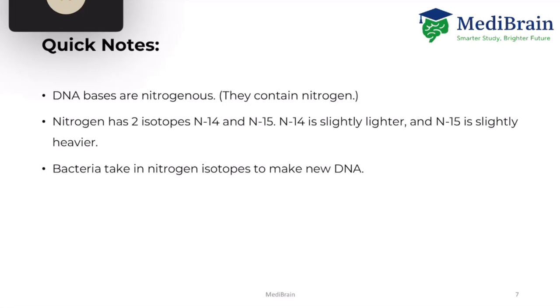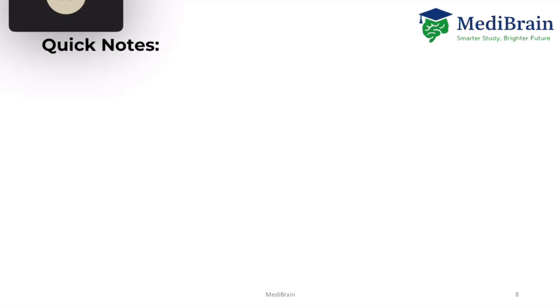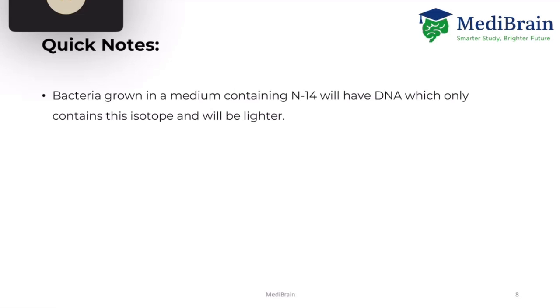Bacteria take in the nitrogen isotopes to make new DNA. That's why we had bacteria and we incubated it with different isotopes of nitrogen, because the bacteria is able to take in the nitrogen isotopes to produce new DNA. Bacteria which is grown in a medium containing 14N will have DNA which only contains this isotope and will be lighter.